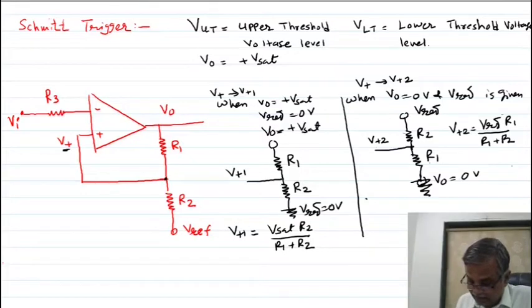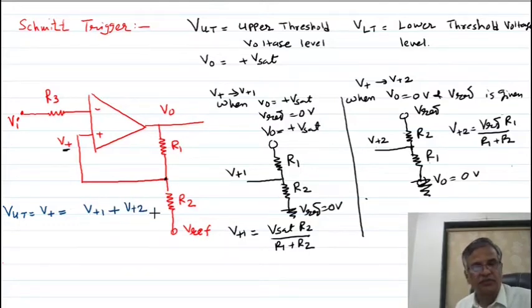So my upper threshold voltage, or I can say voltage at non-inverting terminal, according to the superposition principle, is V plus 1 plus V plus 2.